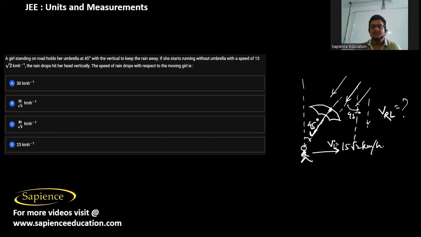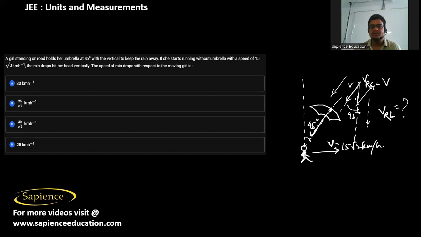So the speed of the girl VL is 15 root 2 kilometer per hour, and the speed of the raindrops with respect to the ground is, let's say, V, but it is at an angle of 45 degree with the vertical.